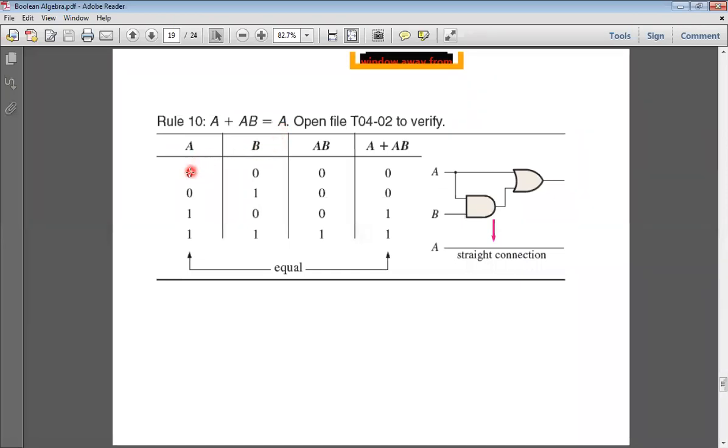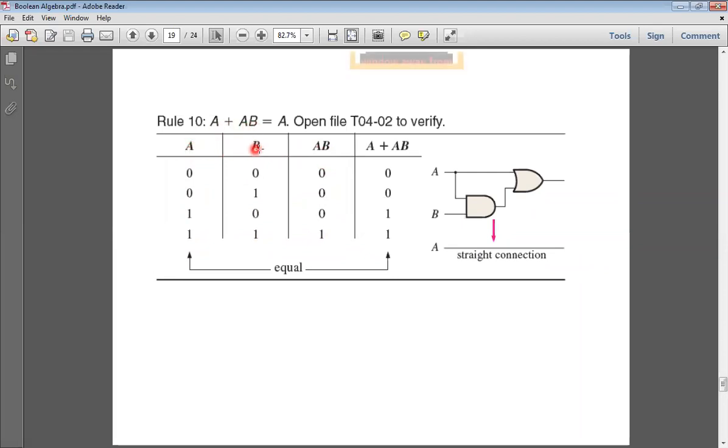Now let's see. 0 0, 0 1, 1 0, 1 1. Now what is AB? We are calculating this intermediate product AB. 0 0 gives us 0, 0 1 gives us 0, 1 0 gives us 0, 1 1 gives us 1. That is AB. So this AB is added with A to get A plus AB.